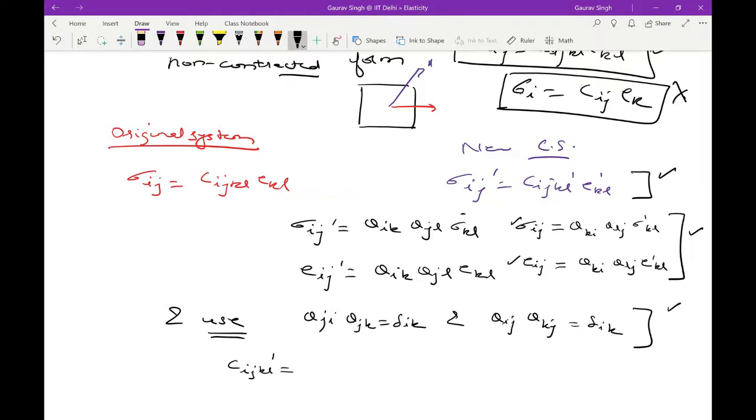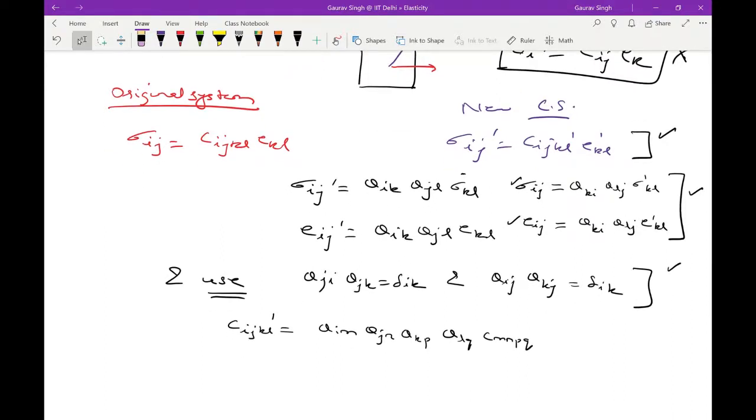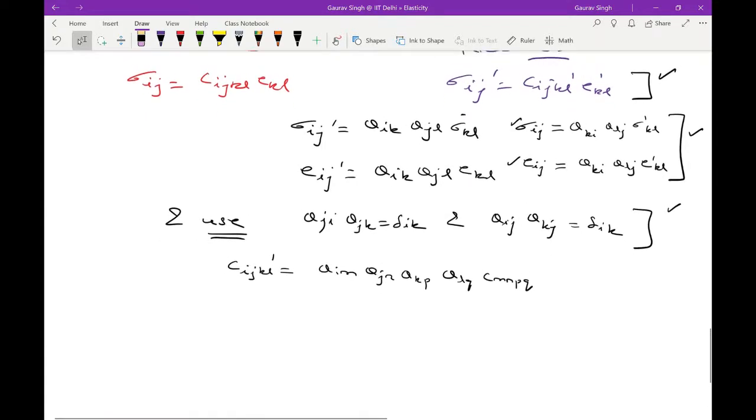So this dash every time I apply is clearly on the sigma or the C, not on the indices. Cijkl dash equals qjn qkp qlq Cmnpq. Let's try to see at least how we can do that.